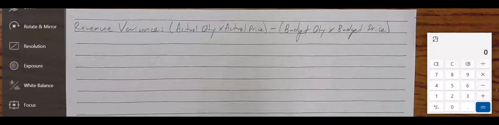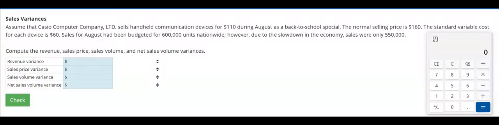So if we think back to the exercise, let's go back and look here real quick. It looks like we have actual sales of 550,000 units, and we were selling these in the promotion for $110. Our budgeted quantity was 600,000, and our normal or budgeted selling price is $160.